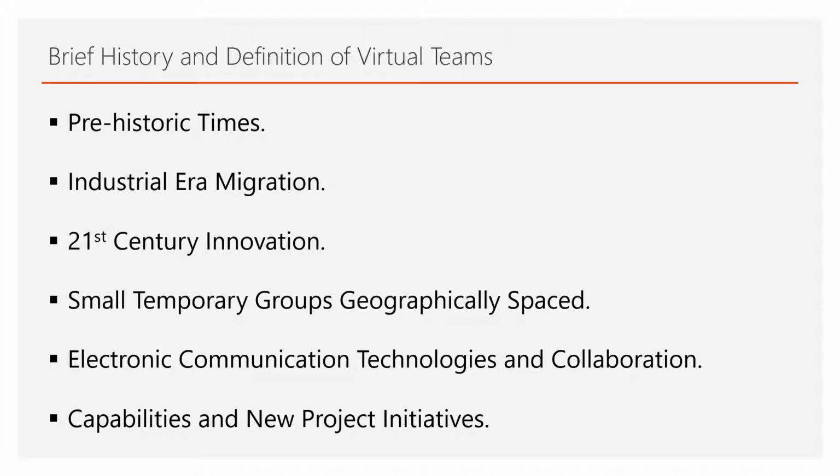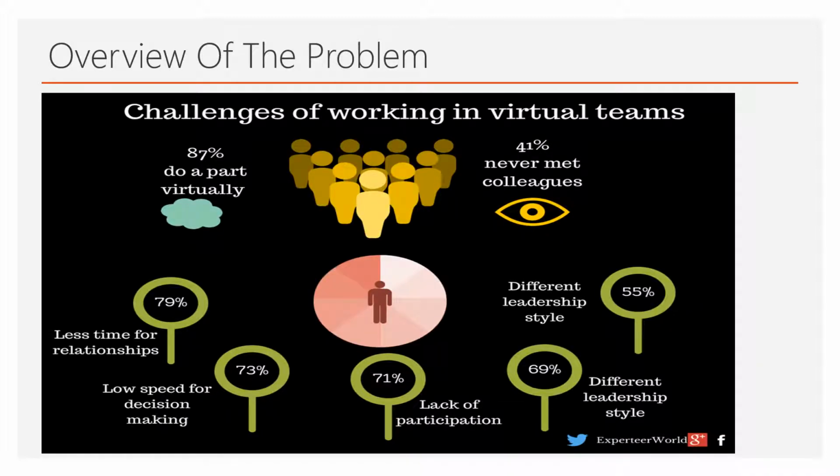Capabilities, again, are the reasons why these virtual teams are being used today in the 21st century. That's what they're used for, for their capabilities in order to move a project or a product forward in a company's initiatives.